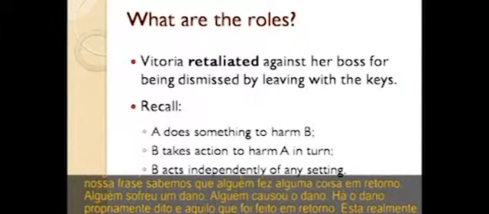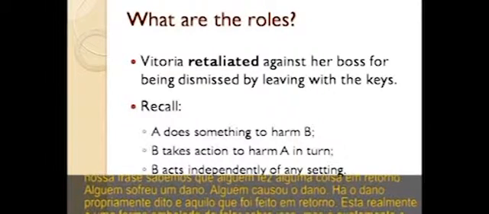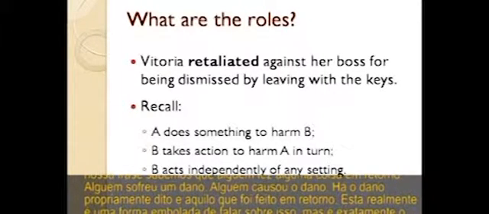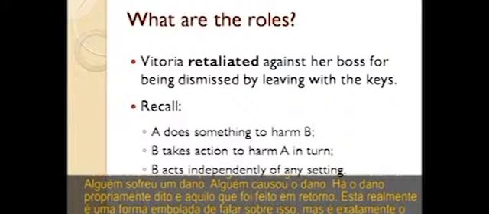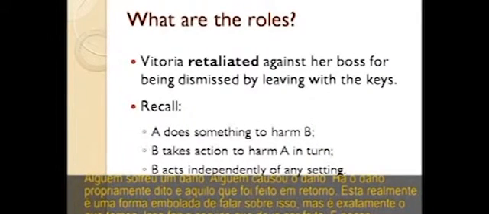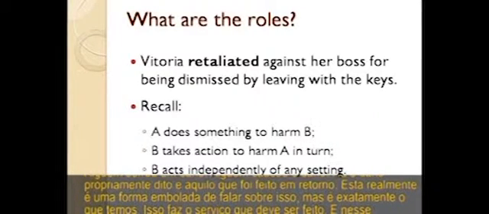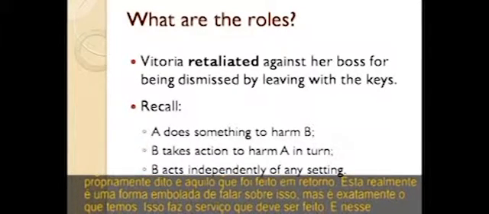This really is a clumsy way to talk about it, but it's what we have. It does the job. And at this point, we're not yet interested in clever names. We're interested in teasing apart and figuring out what's involved.